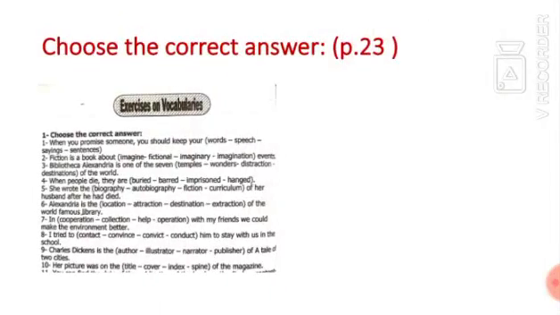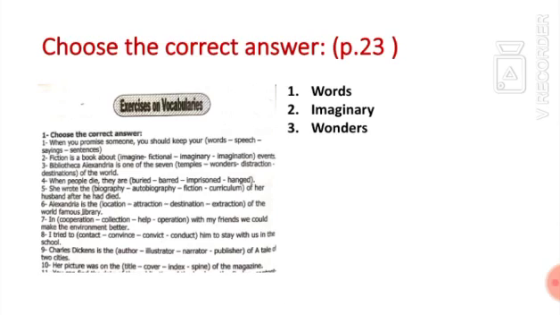Now open your booklet, page 23. Choose the correct answer. Number 1. When you promise someone, you should keep your words. Number 2. Fiction is a book about imaginary events. Number 3. Bibliotheca Alexandrina is one of the 7 wonders of the world.